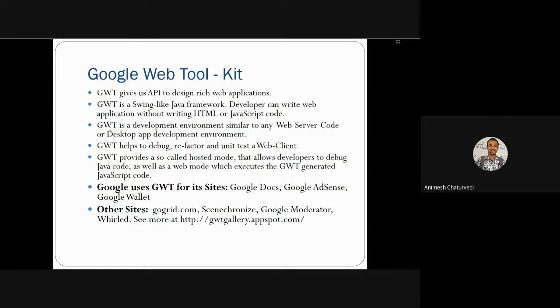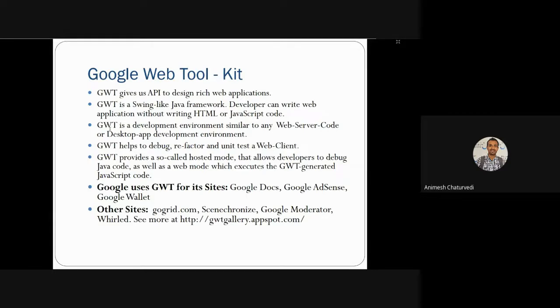Then GWT basically provides you a development environment, just like any web server such as Apache Tomcat, a PHP server that you had made, JSP and JDBC websites that you had made, or Python-based or PHP-based websites.